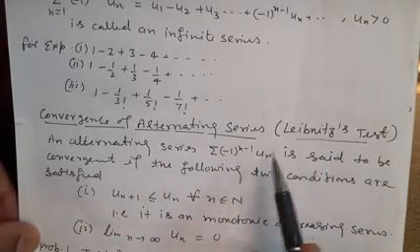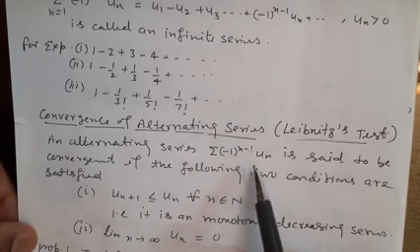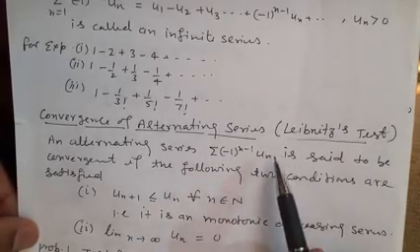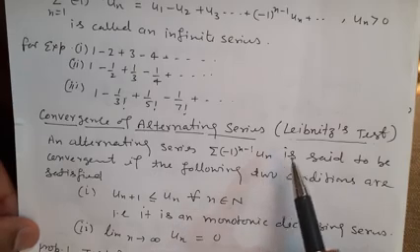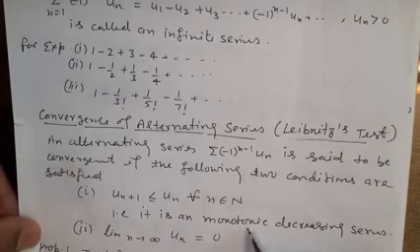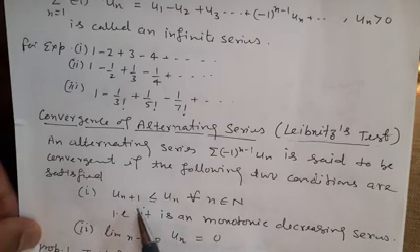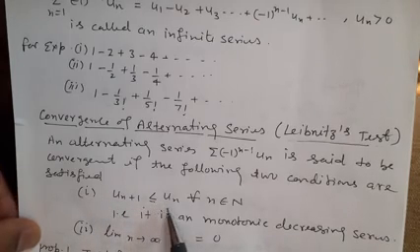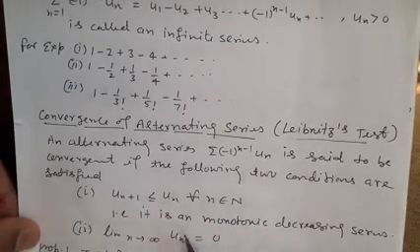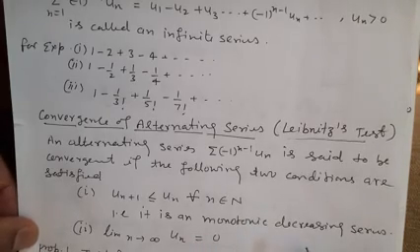What is Leibniz test? An alternating series sigma (-1) to the power n minus 1 un is convergent if these two conditions are satisfied. The first condition is un plus 1 is less than or equal to un for every n belongs to N, means it should be a monotonic decreasing sequence.